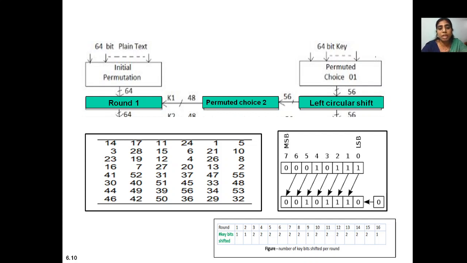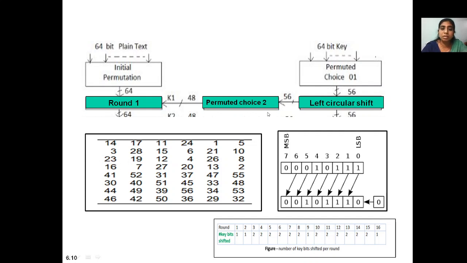So these 48 bits are this one. The 14th bit is given as the first bit value. The second bit value is the third bit in your key. The 23rd bit in the key will be the third bit value here.